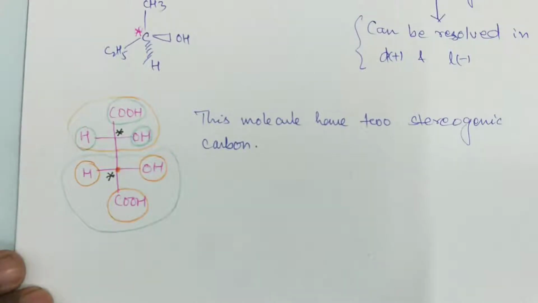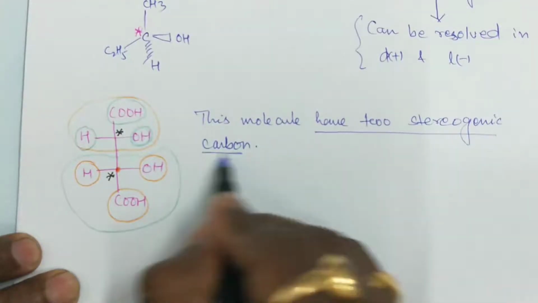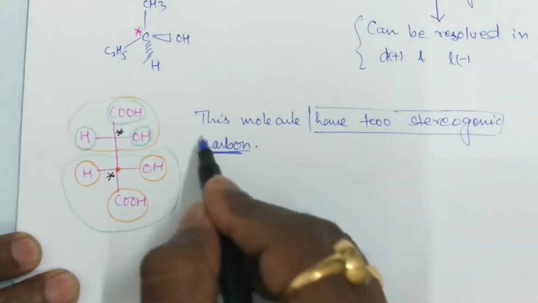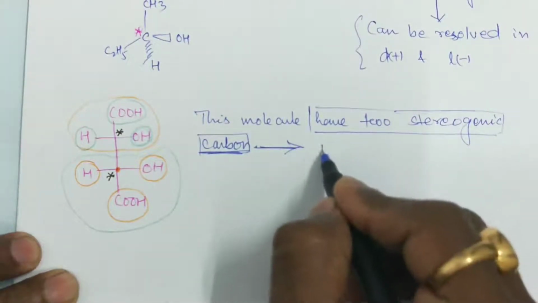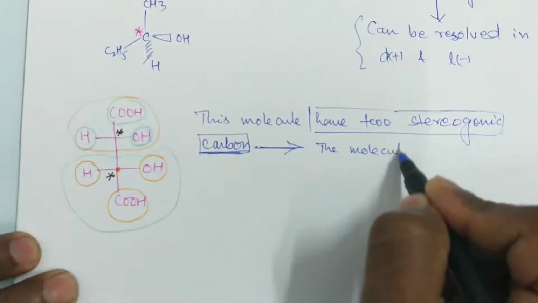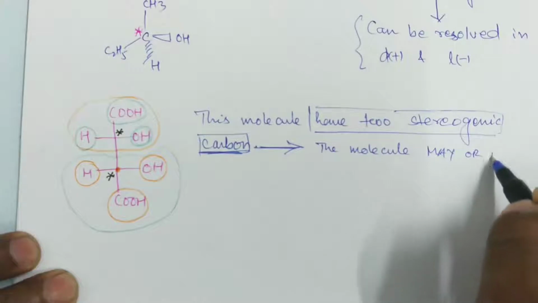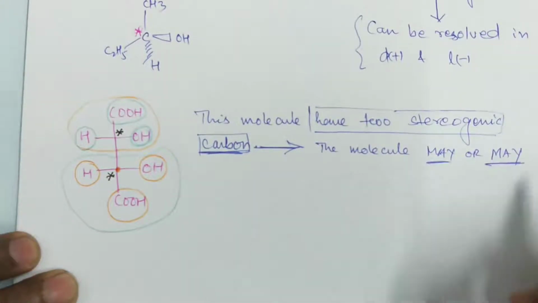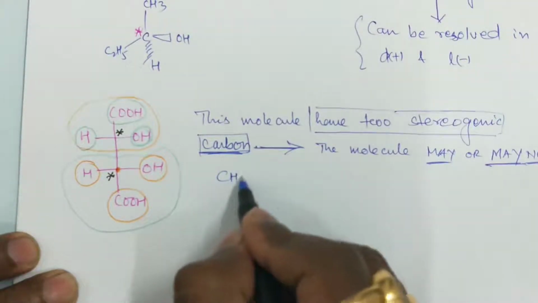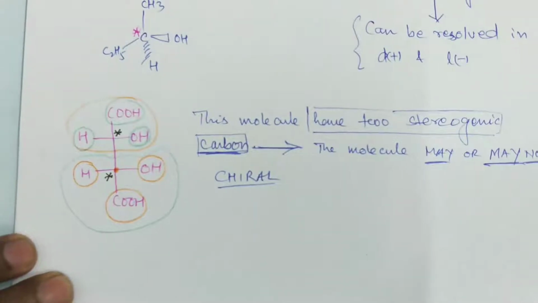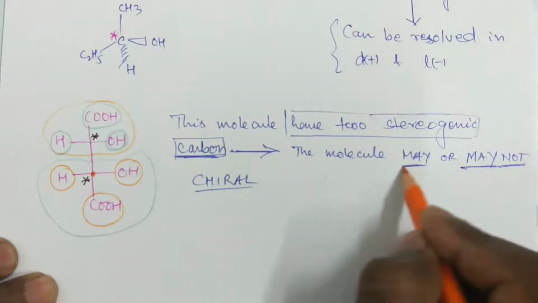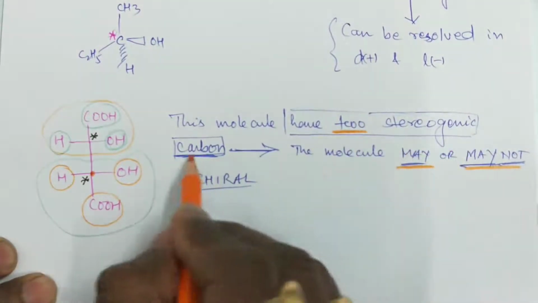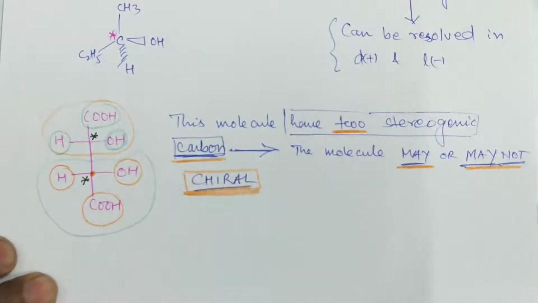So the mere presence of stereogenic carbon is not the surety or confirmation that the molecule is chiral.